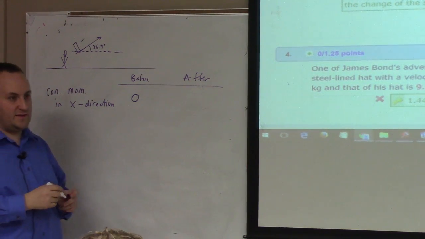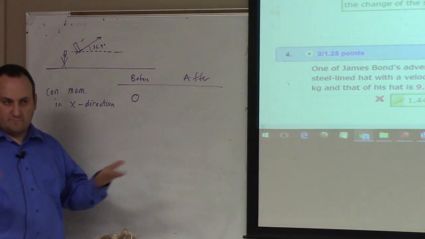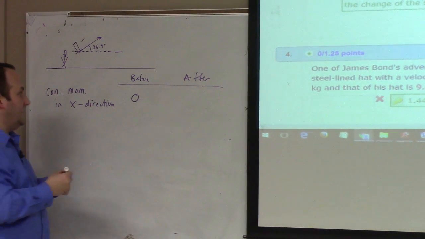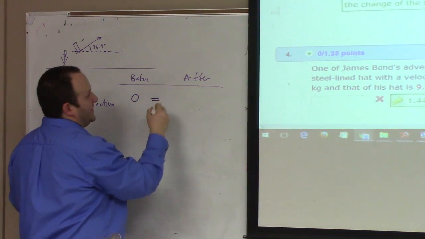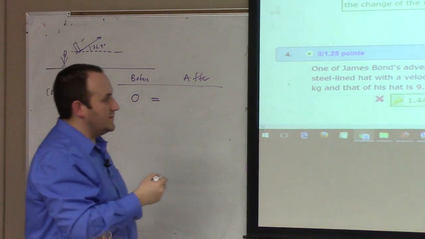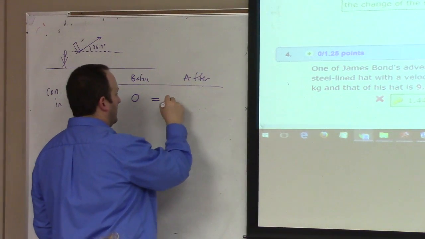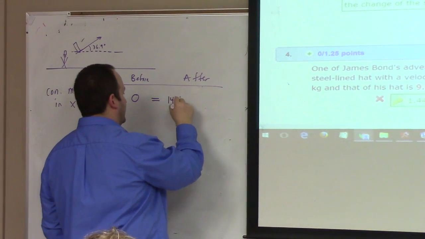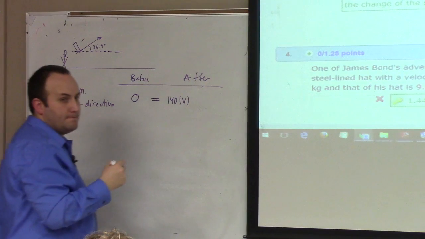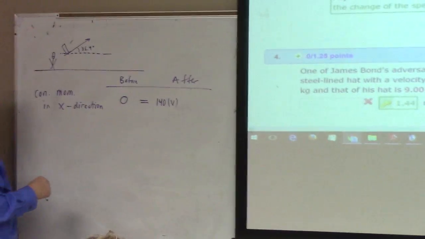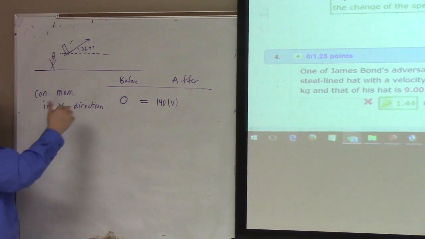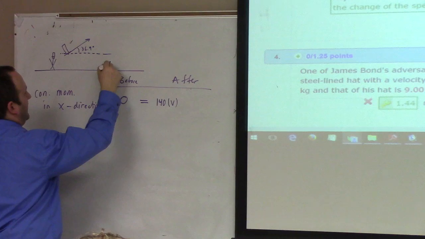Right, he's just standing there before he throws his hat. That's it. Afterwards, you have the mass. What's his mass? 140. And then his velocity, let's say v. All right? I allow that v could be positive or negative, of course.